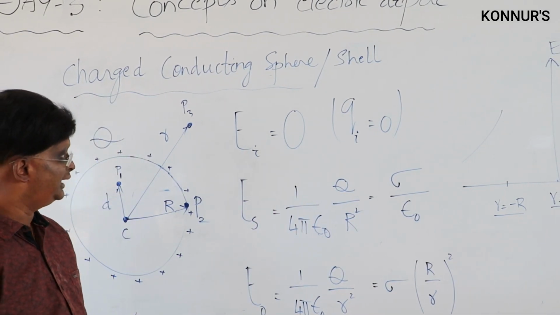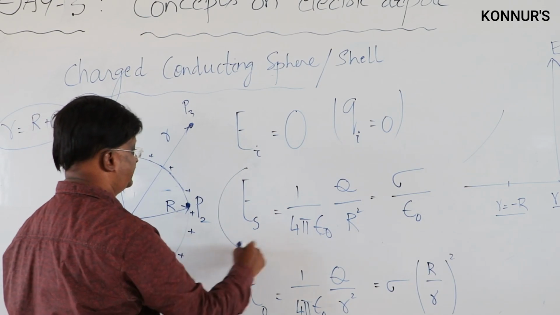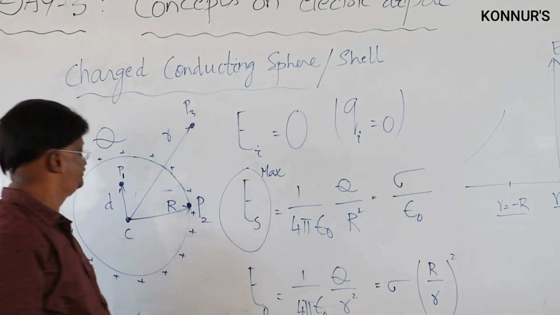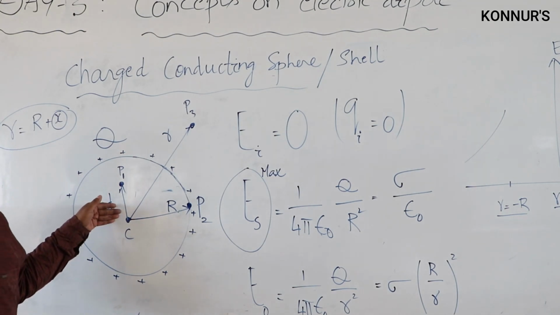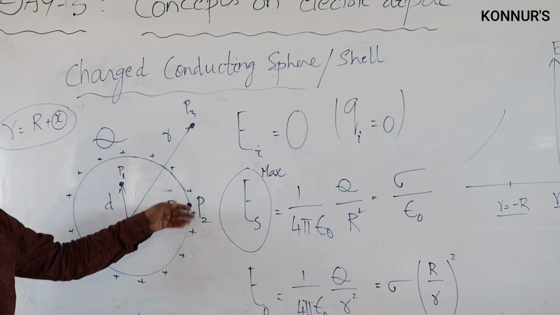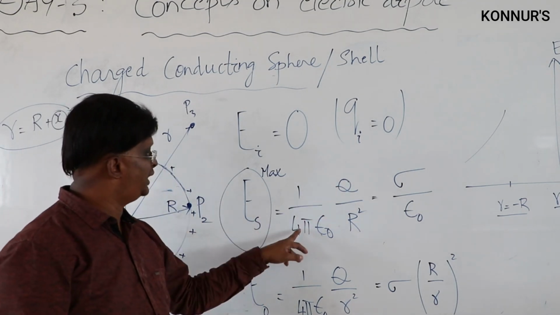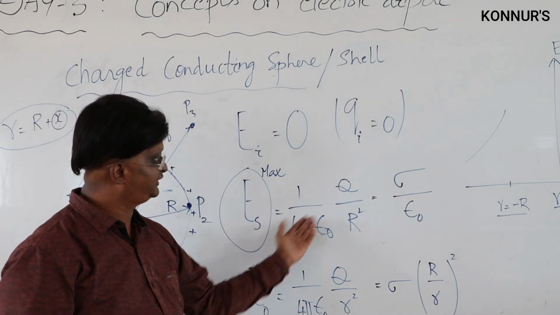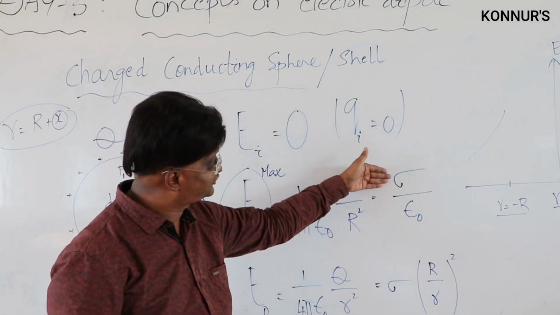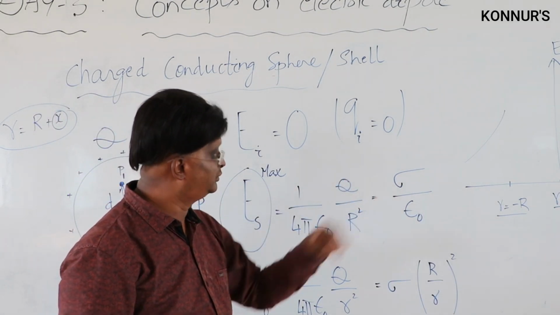Do remember this is the maximum intensity produced by the shell or the charged sphere. So intensity is maximum on the surface. Here I have taken Q by 4 pi R square, the surface charge density. Therefore, an alternate form is also shown with the surface charge density sigma naught.